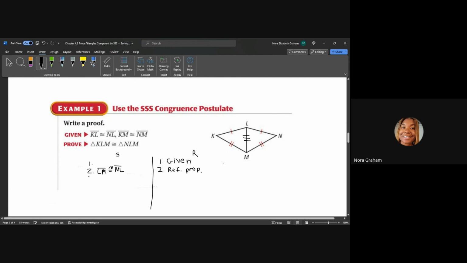Now that we have all of our sides with corresponding congruency, we can say that triangle KLM is congruent to triangle NLM.